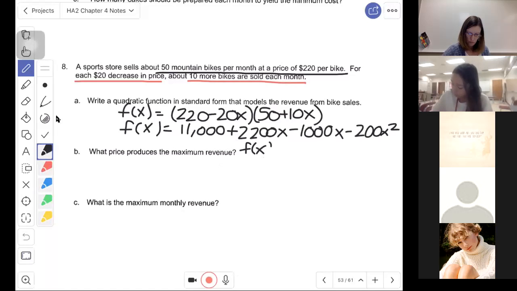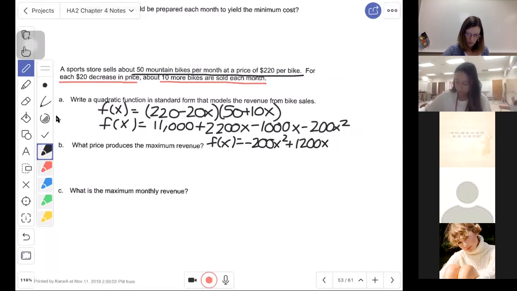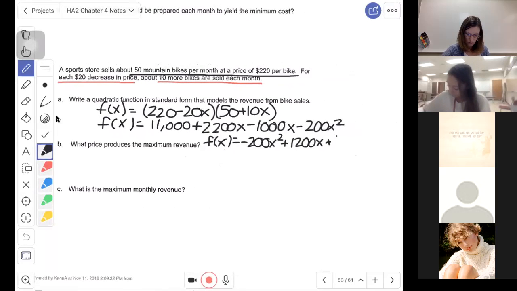So our function is negative 200x squared plus 1200x plus 11,000. So that was your function. How are we going to figure out what price produces the maximum revenue for part B? We want to get the maximum revenue.